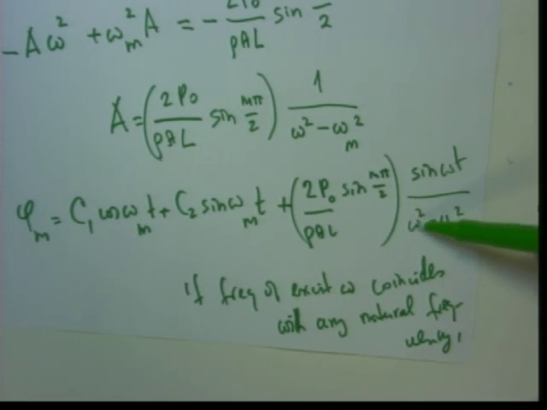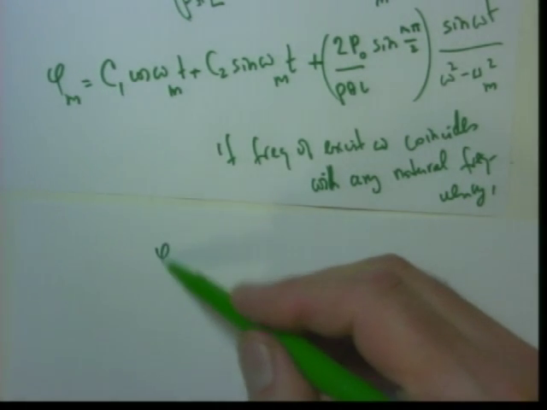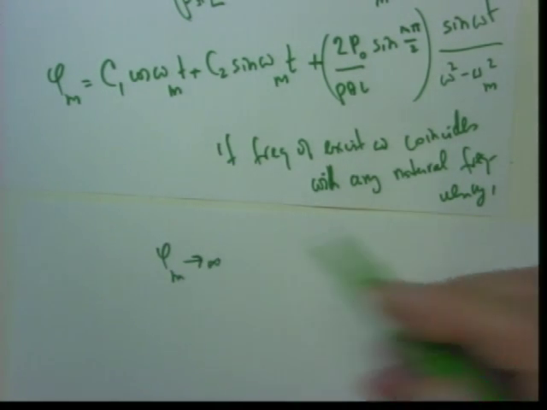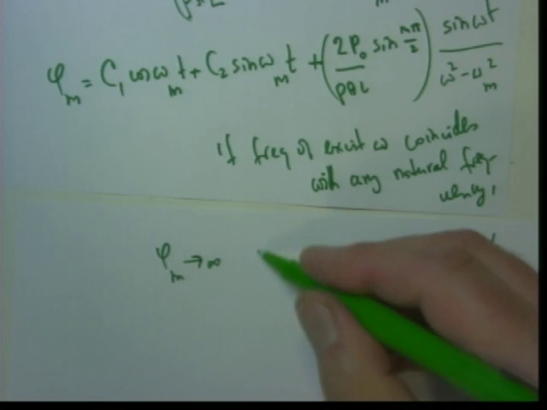Okay, because if this equals this, any natural frequency, then solution goes to infinity. Then phi_m goes to infinity. Resonance.